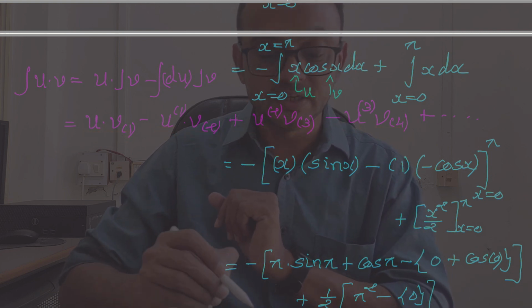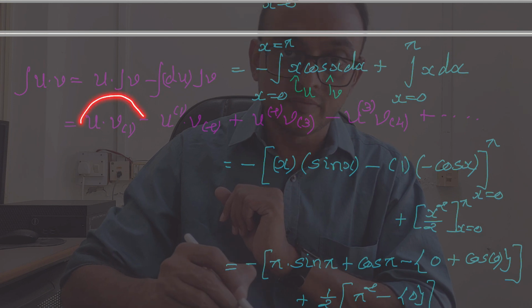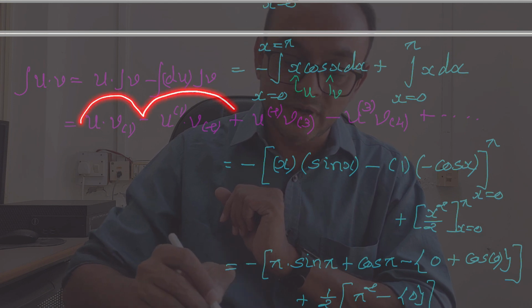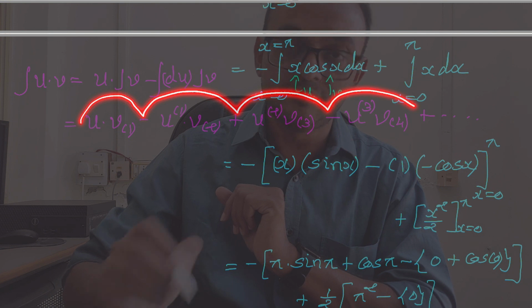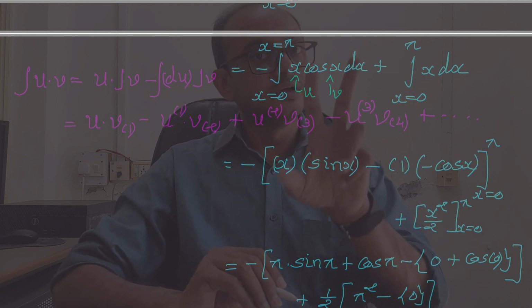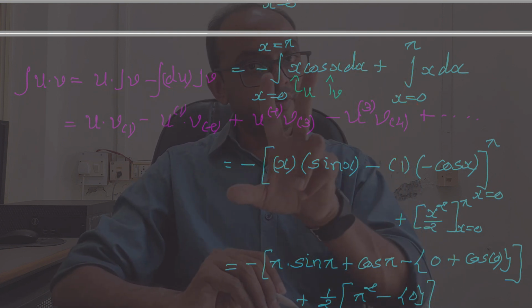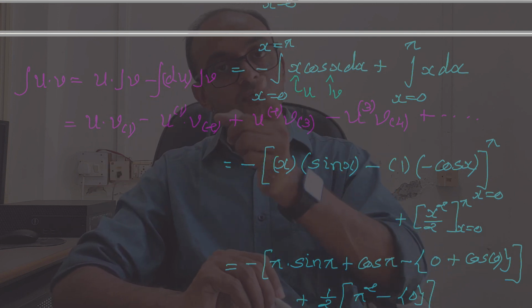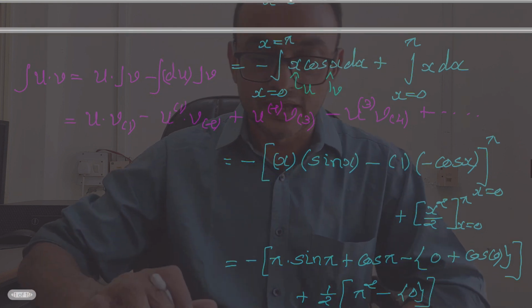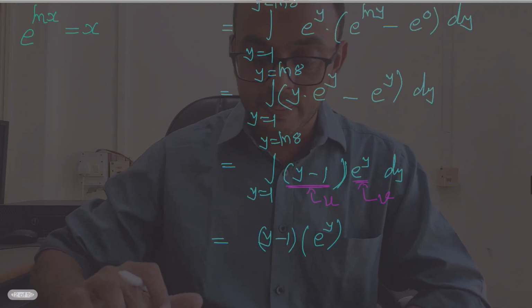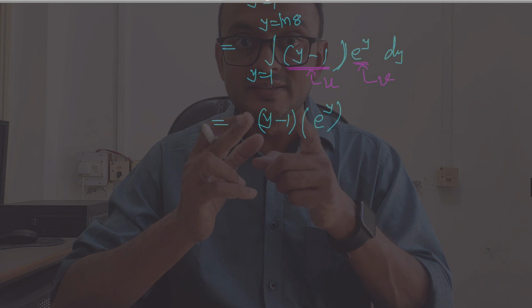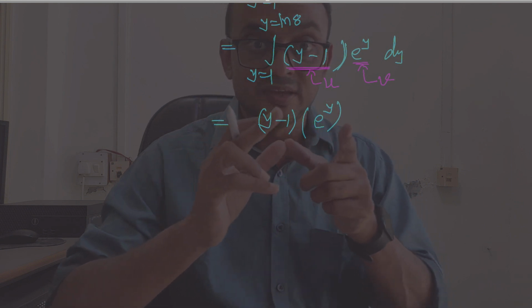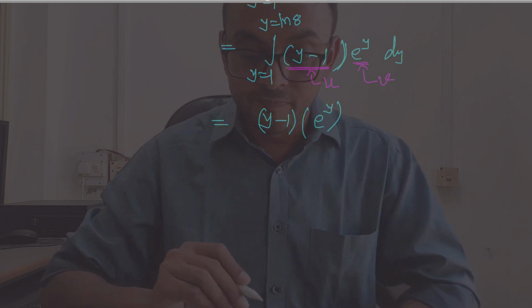Then alternate sign, minus, plus, minus, plus. So uv, derivative integration, derivative integration, and the alternate plus, minus sign. In Fourier series, actually we are doing this in detail, right?